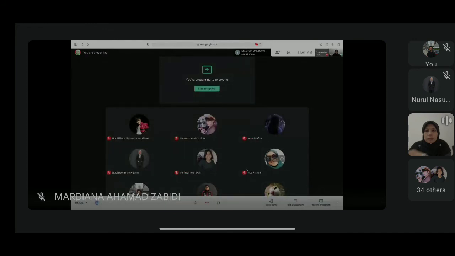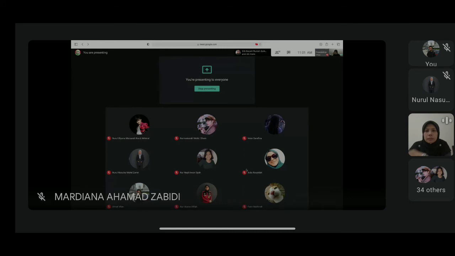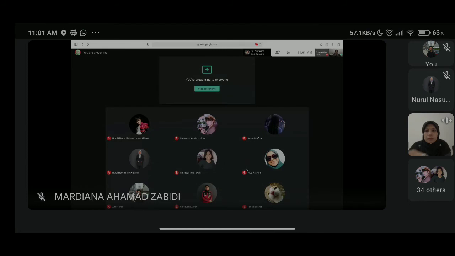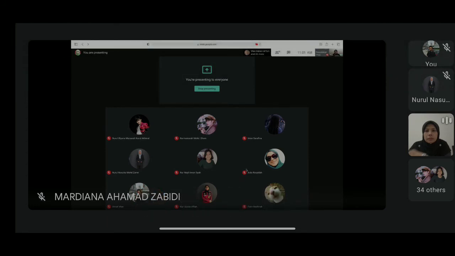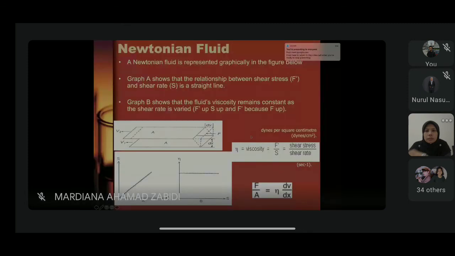Okay, we continue with Newtonian fluid and non-Newtonian fluid. When you are measuring the viscosity of a product, you need to know the properties or behavior of that particular fluid, whether it is Newtonian or non-Newtonian. A Newtonian fluid follows what Newton stated before.